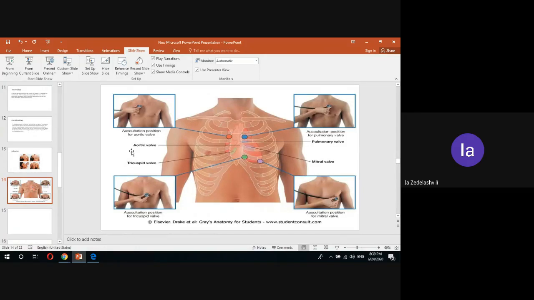Do you remember what I said? We said that we have some valves. You remember what happened? The heart is slightly turned, so the left side is in a more back position.